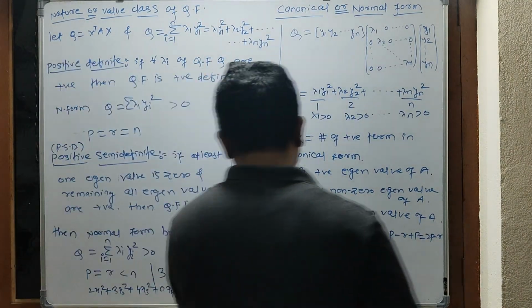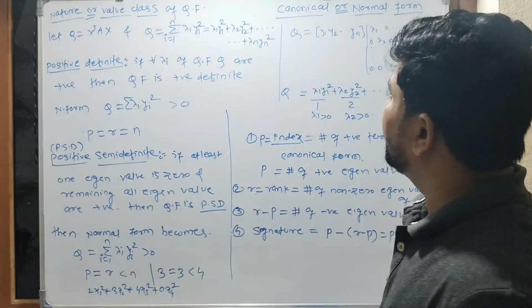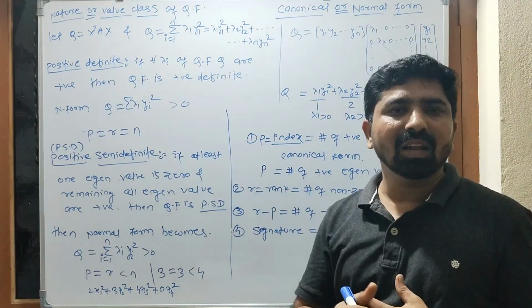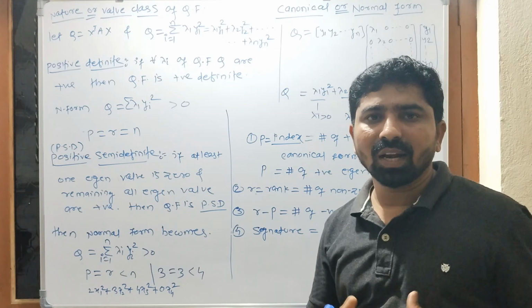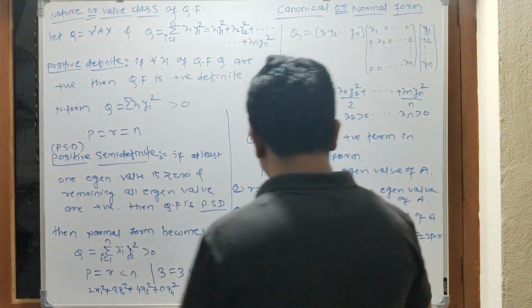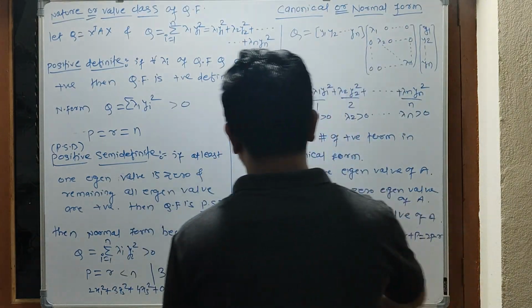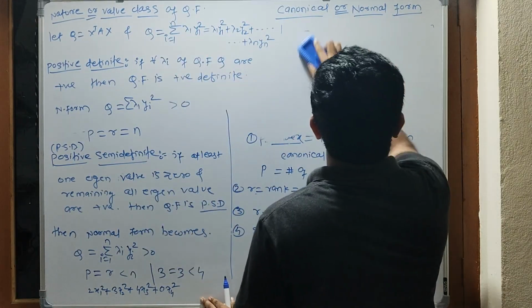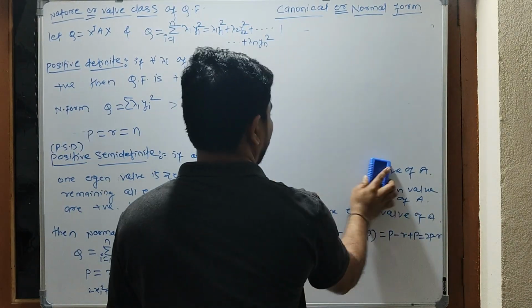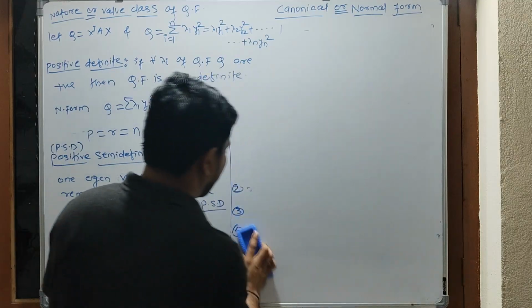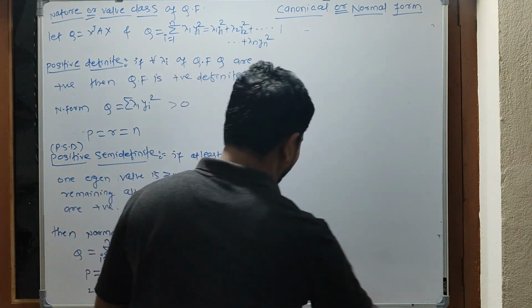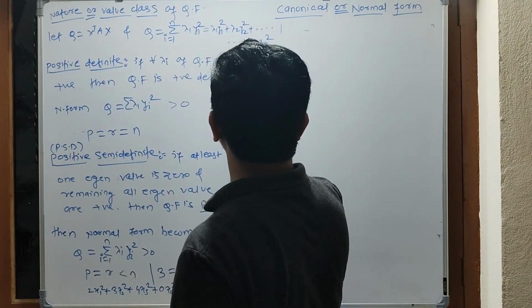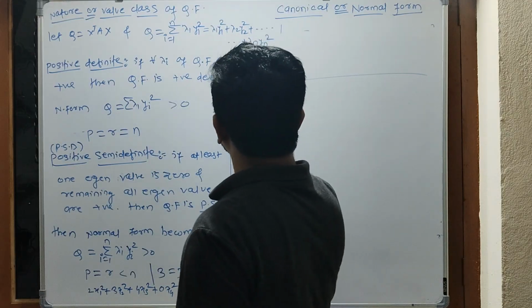Now I want to define negative definite. Here negative definite means all the eigenvalues are negative, then the quadratic form is negative definite. Here I will define the negative definite quadratic form. So here what is meant by negative definite?